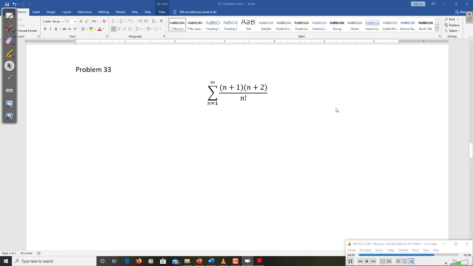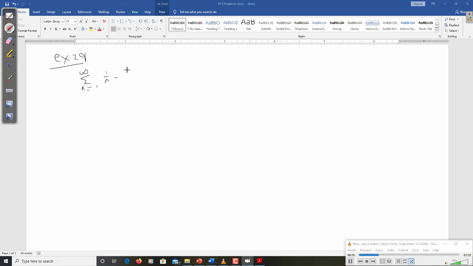Before we go on, I want to look at a special case. Just going to pencil in this problem. This will be exercise 29. We have the sum n equal 1 to infinity of 1 over n minus 1 over n squared.